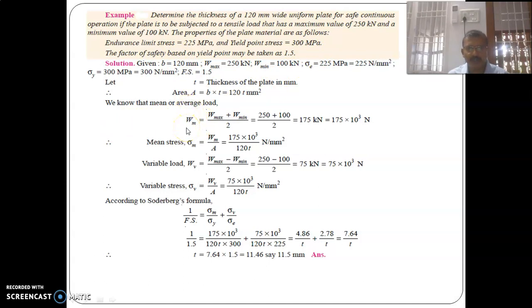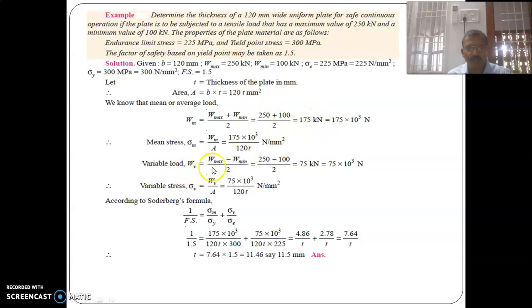We have to calculate the mean stress sigma m. To calculate it, we add sigma max plus sigma minimum by 2, that is 250 plus 100 by 2, which equals 175 kilonewton.